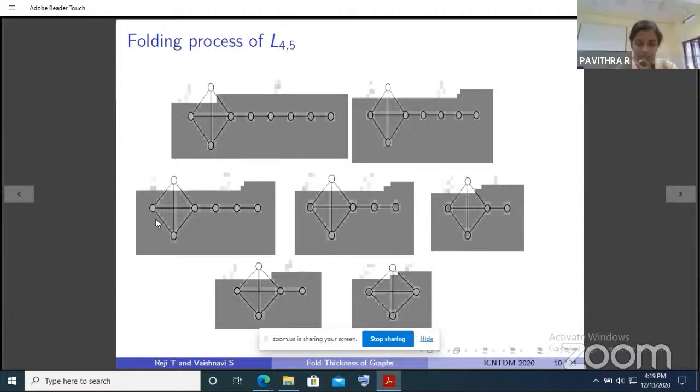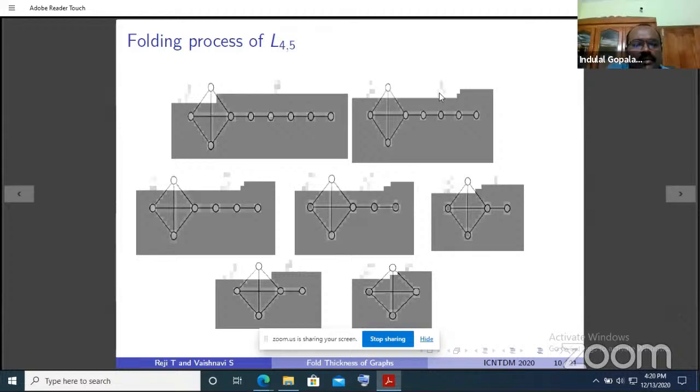Yes. So what happens if the graph has two pendant vertices which are not adjacent but have no common neighbors? Sir, so it will be K2, is it, sir?